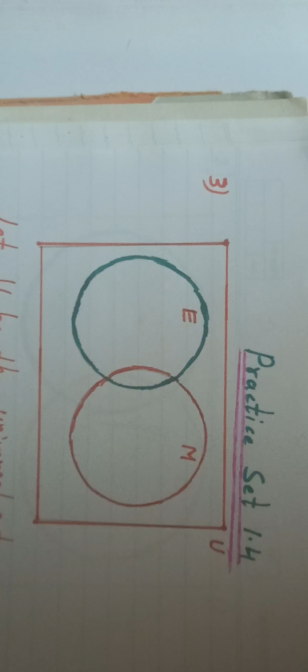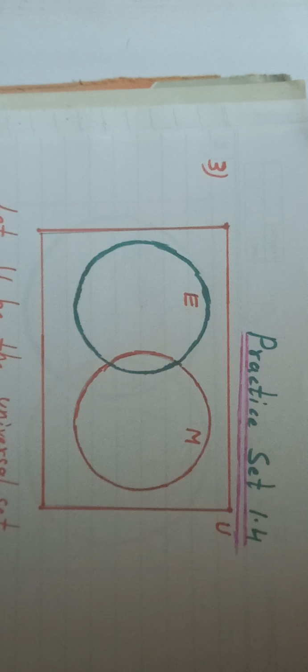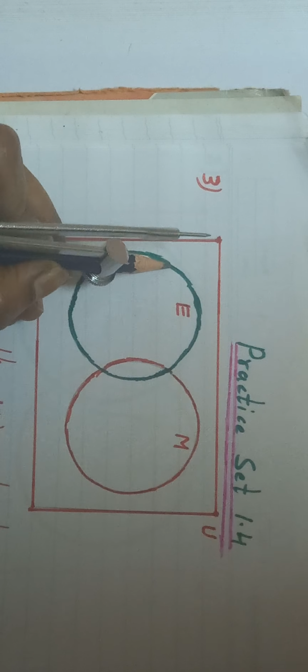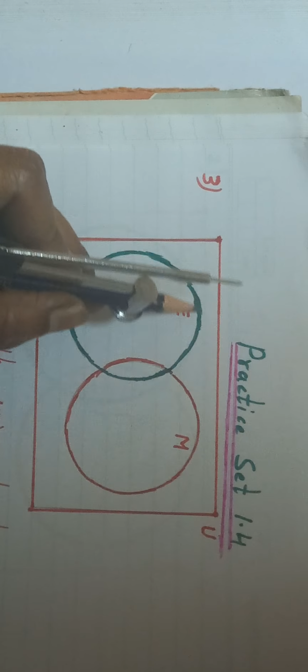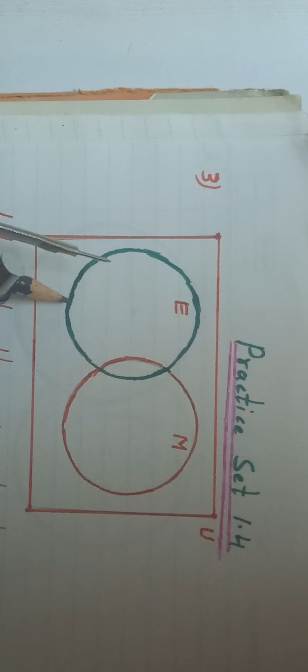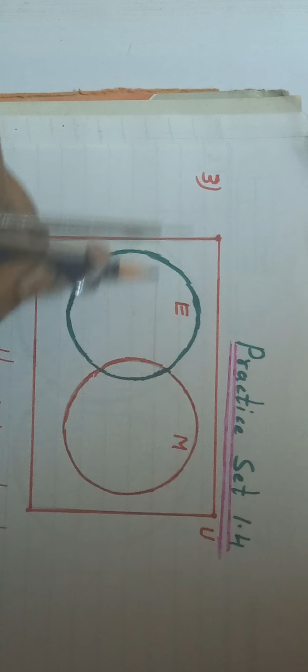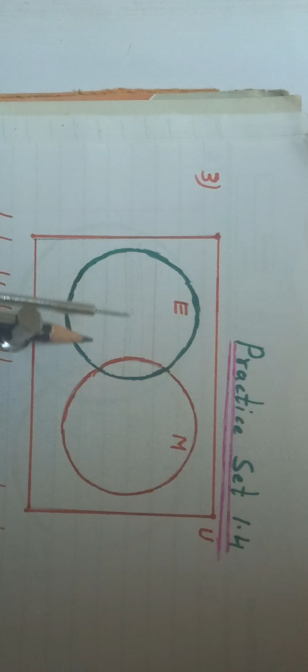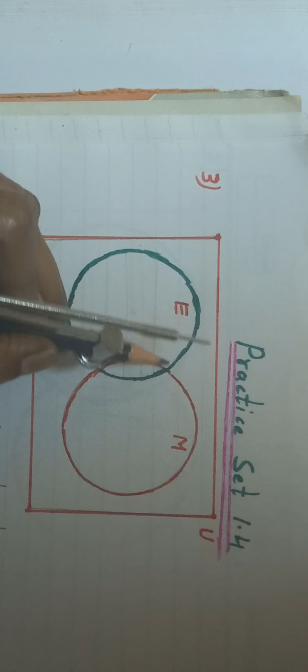E means the number of students who have passed in English. How many have passed in English? 50. From here to here, this green region, the boundary, from here to here, this full region, is passed in English.